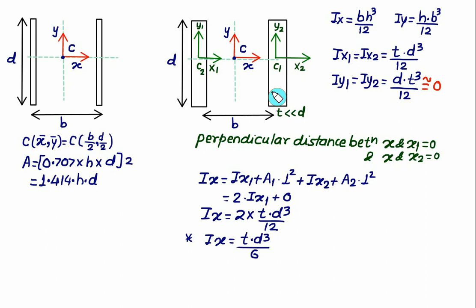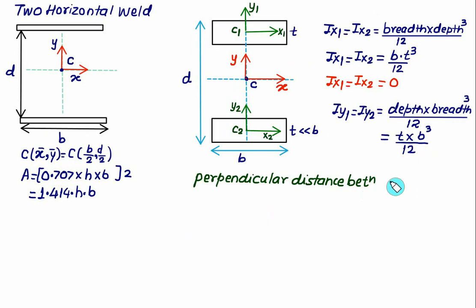Previously we had to transfer the moment of inertia Ix1 and Ix2 to Ix, but that was a marginal value, and Iy1 and Iy2 is equal to 0. So we had considered the perpendicular distance between x and x1 and x and x2. All these axes are on the same line, so the perpendicular distance is equal to 0. So the perpendicular distance between y1 and y2 will be equal to 0.